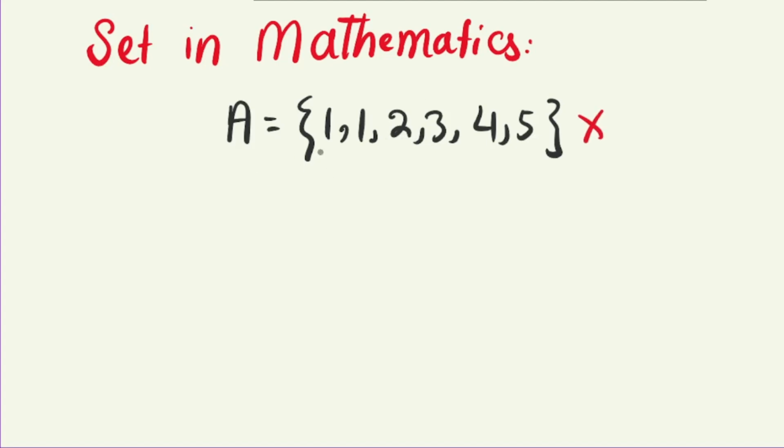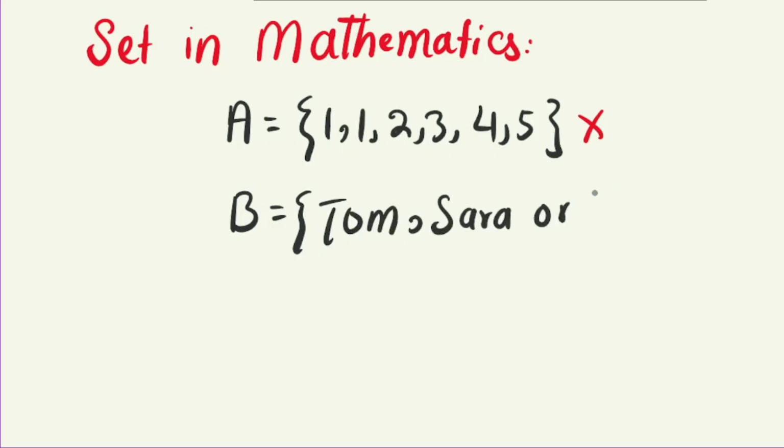Now let me have another example of such a collection, B, which contains the elements Tom, Sarah or Peter. If we look at these two examples, the first one has repetition inside the elements and the second one has ambiguity about the objects. We have clearly defined Tom, but there is ambiguity about Sarah and Peter. So this is also not a set.